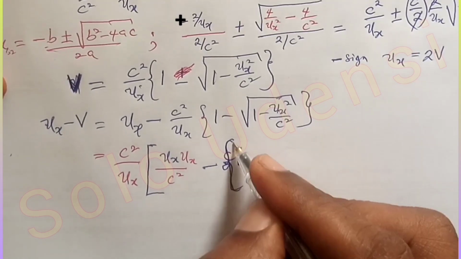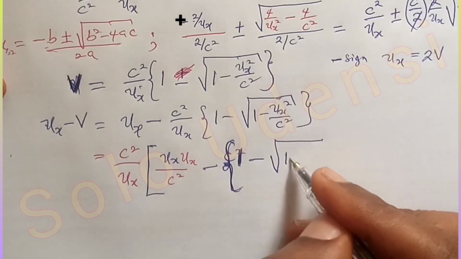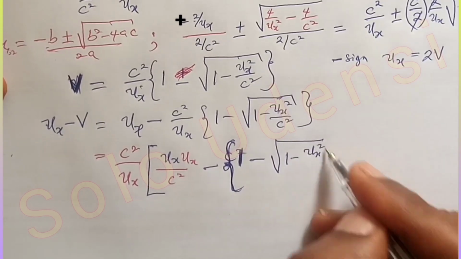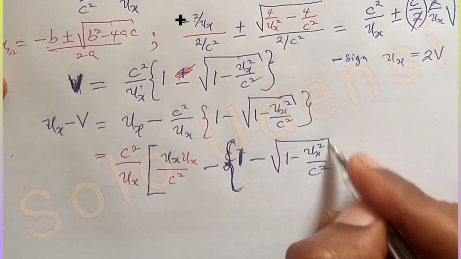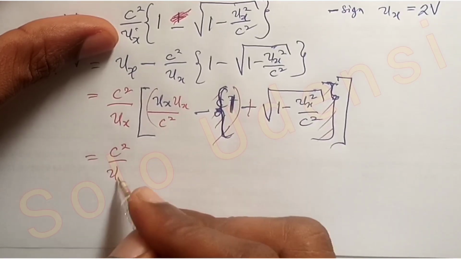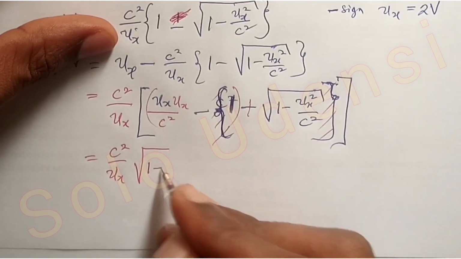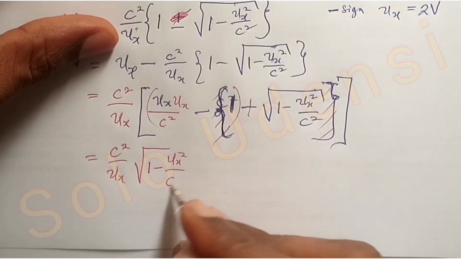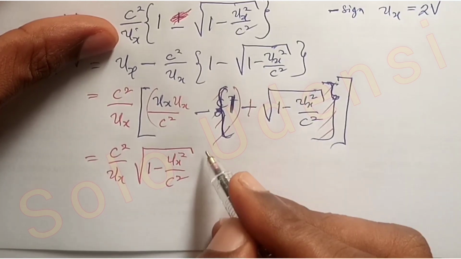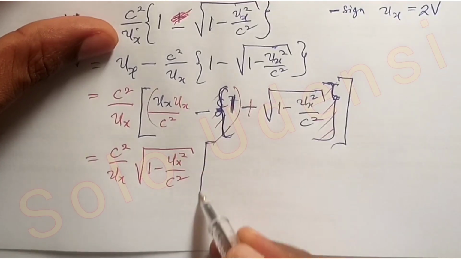1 minus 1 minus ux squared over c squared, c squared over ux times 1 minus ux squared over c squared. Then this bracket stays.